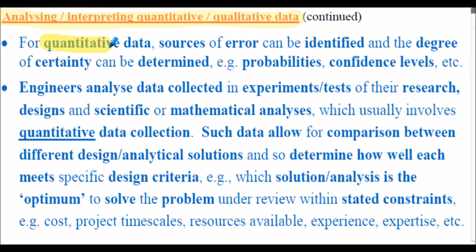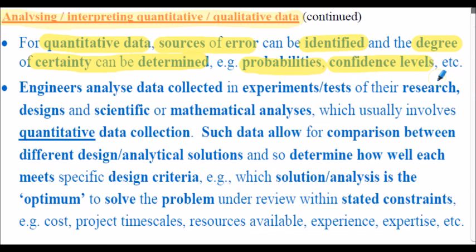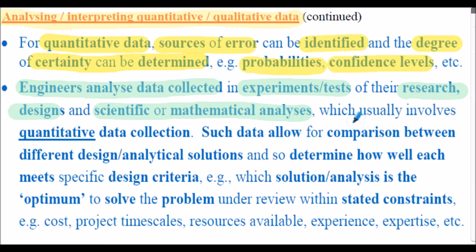So for quantitative data, sources of error can be identified and often the degree of certainty can be determined using probabilities, confidence levels, etc. Engineers analyse data collected in experiments or tests of their research, designs, and scientific or mathematical analyses. And this research usually involves quantitative data collection.